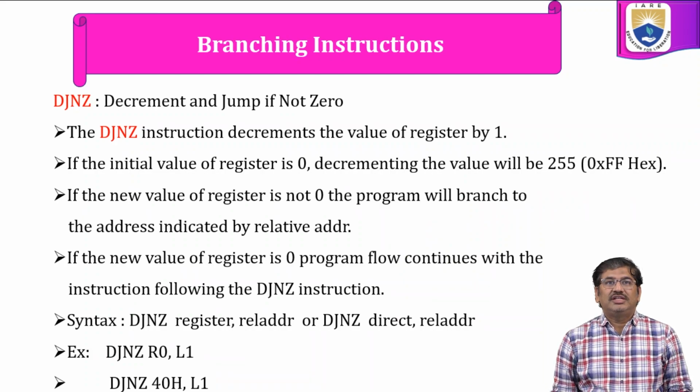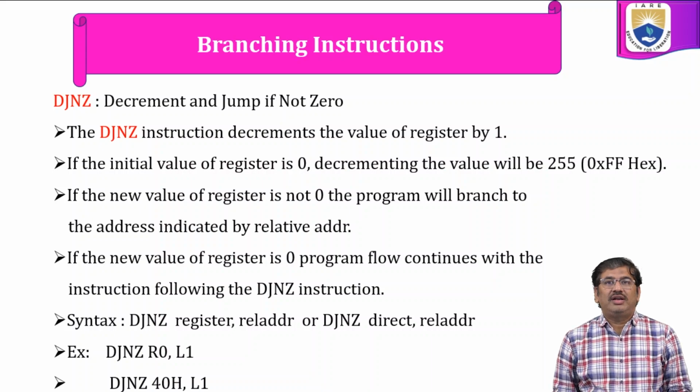The next instruction is DJNZ, which is decrement and jump if not 0. The DJNZ instruction decrements the value of the register by 1. If the initial value of the register is 0, after decrementing the value is FF in hexadecimal, which is equivalent to 255 in decimal.